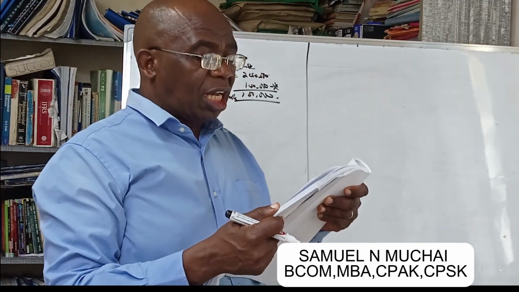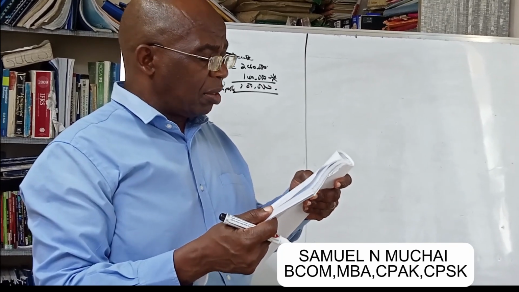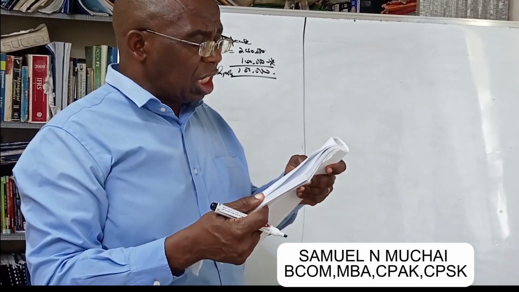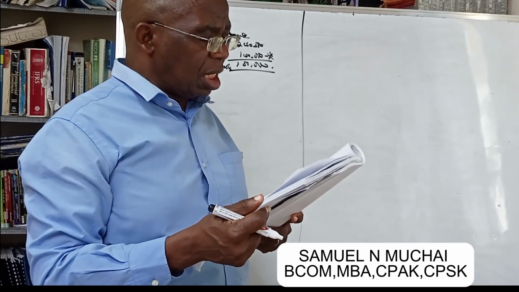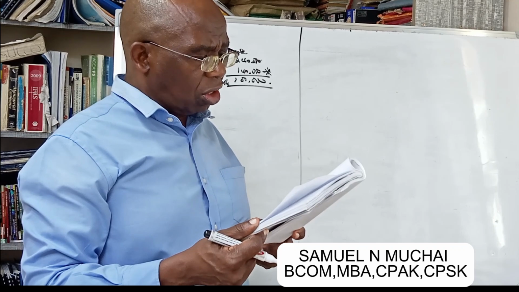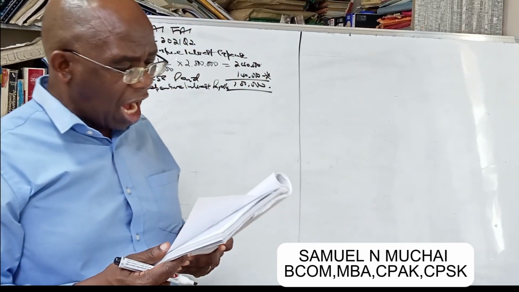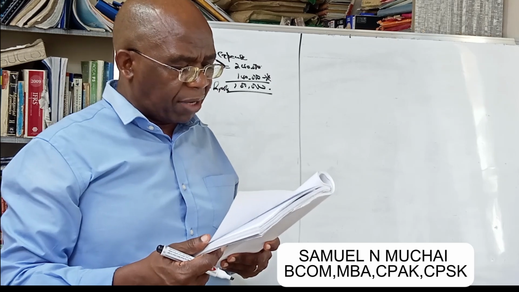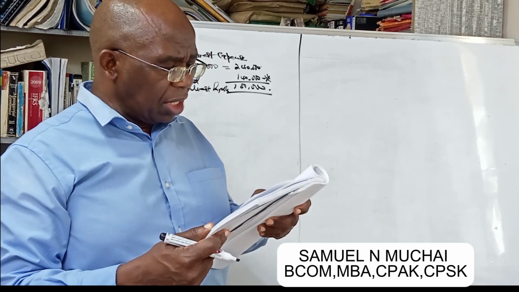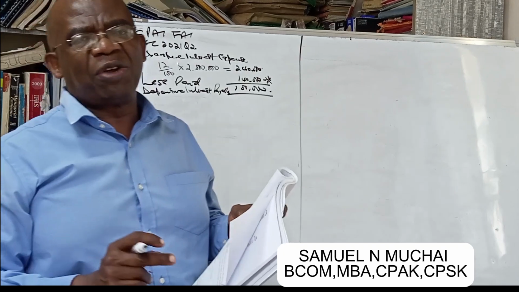Investment income tells you that we have investment as an asset. Then we have an investment of 1.8 million, salaries and wages, directors' emoluments, insurance, cash at bank, motor vehicle at cost, freehold land at cost, furniture and fittings at cost, accumulated depreciation, motor vehicle and furniture and fittings, general reserve, and revenue reserve.